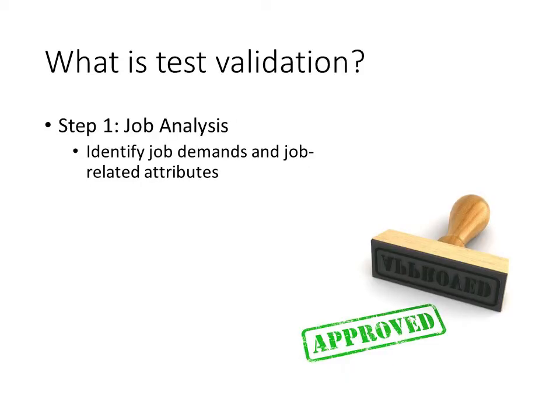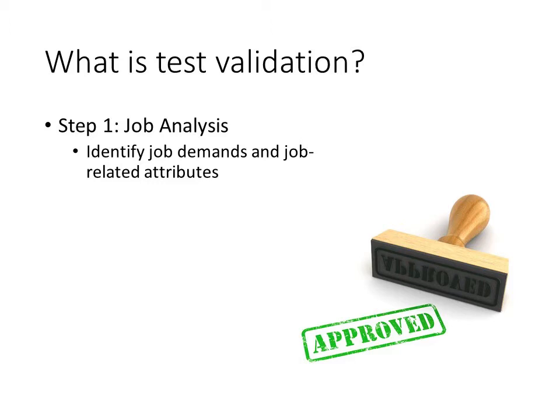We start the test validation process with job analysis. We identify the job demands, things like work activities, knowledge, skills, abilities, educational and certification requirements. Once we've collected objective information, then step 2 is to define performance.